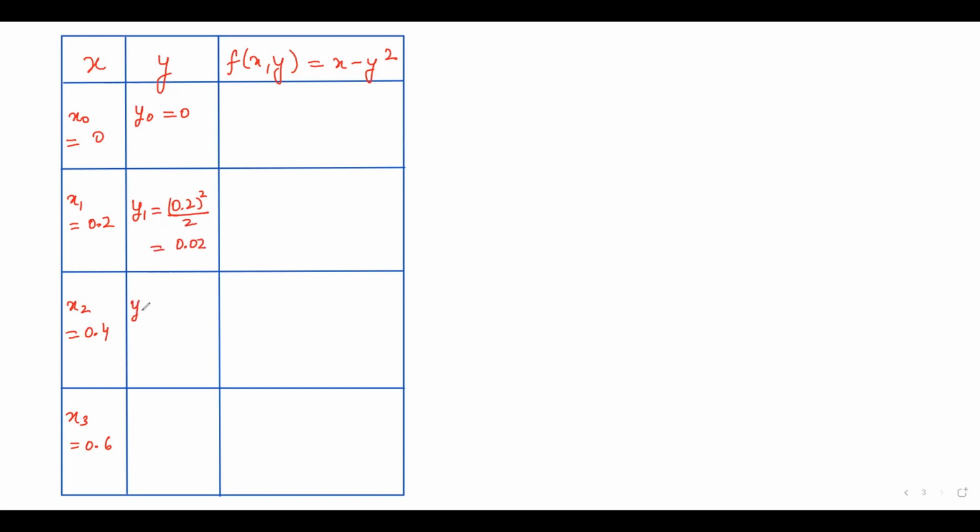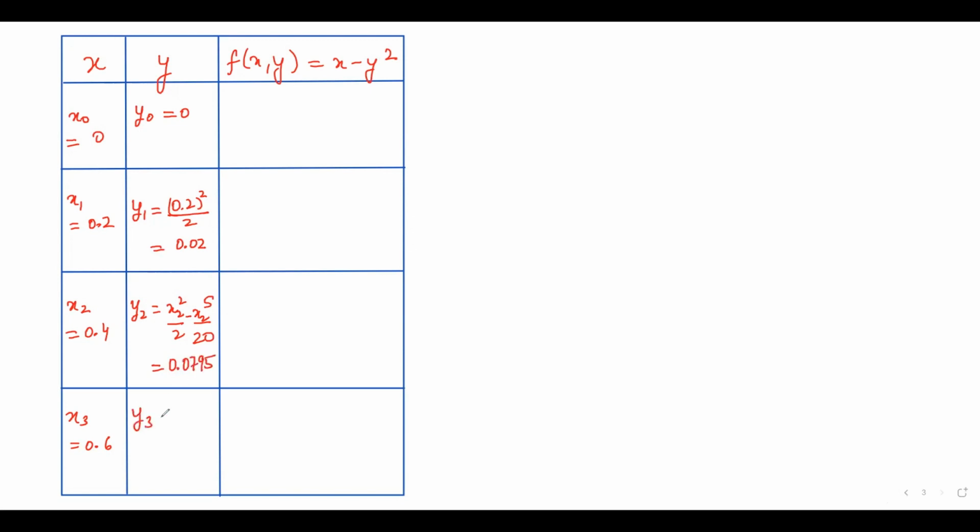And y2 is, we will substitute the value x2 in this same, that is x square. So x2 whole square minus x2 raised to the power 5 upon 20. So in this, when I put the values after solving, I'll be getting this as my answer.